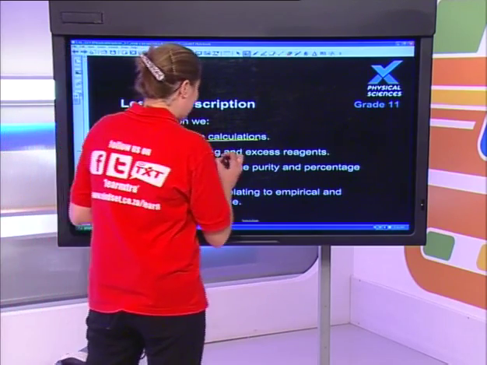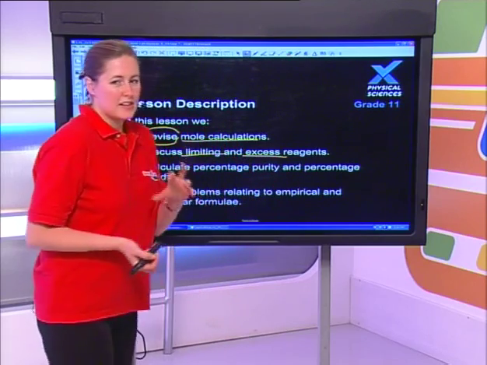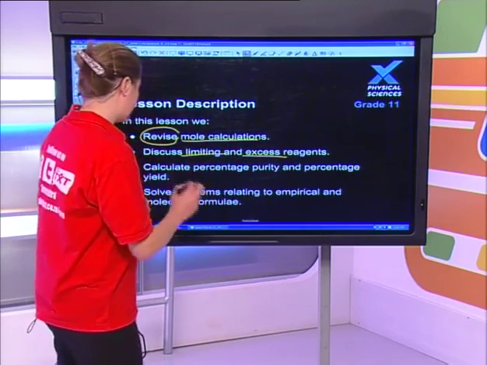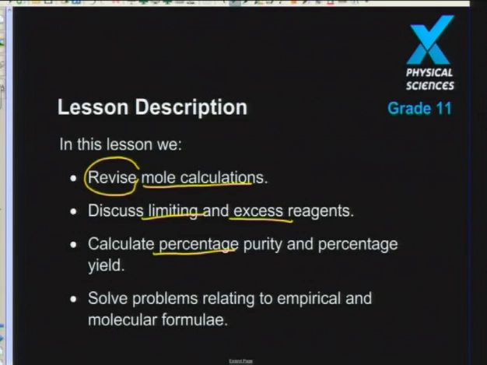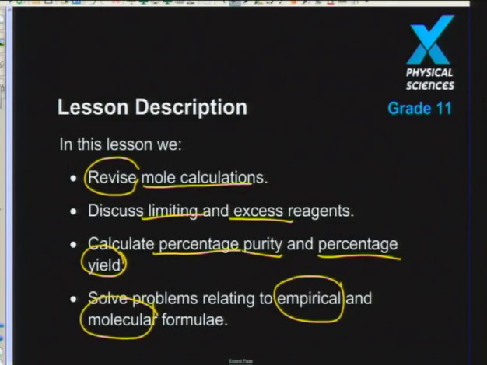We're going to discuss limiting and excess reagents. Then we work out percentages, percentage purity as well as percentage yield. And we're going to solve problems relating to empirical formula and molecular formula. So let's get straight into it.